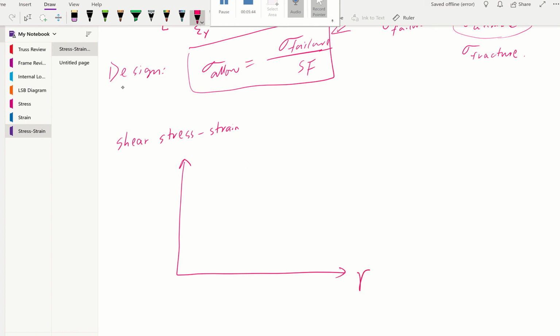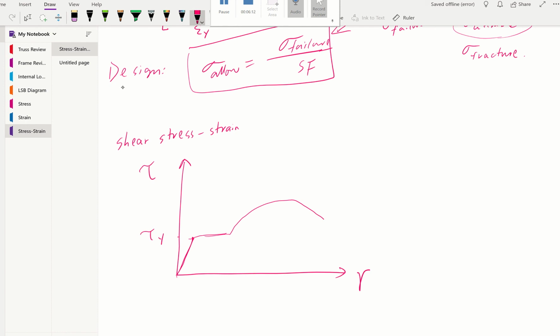And instead of sigma, we're going to have tau for our shear stress. They will have a similar pattern. Their values are not going to be the same. For example, the tau yield strength is not going to be equal to the sigma yield strength, but they have a similar trend.